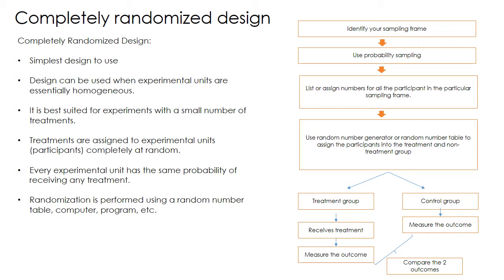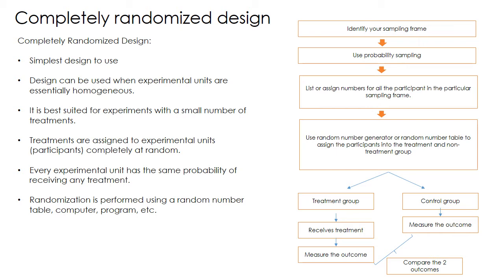So your population generally is homogeneous. Homogeneous means same. So these experimental units are known as participants. Remember, when we were learning sampling, we used the term units. So units are participants. Here we are using experimental units because we want to highlight that this is an experiment design. So when we want to do the sampling, we are taking it from a pool of similar people going through similar conditions.